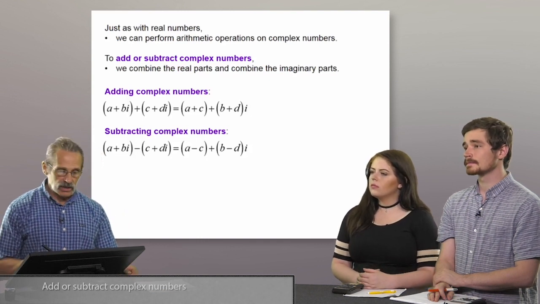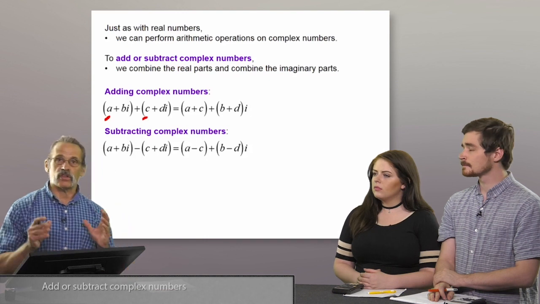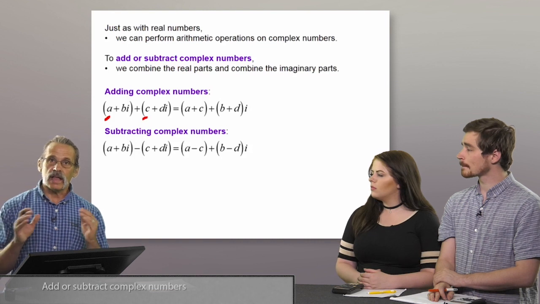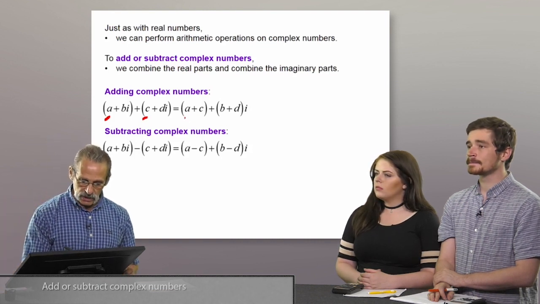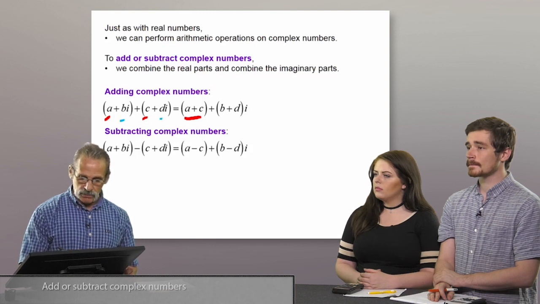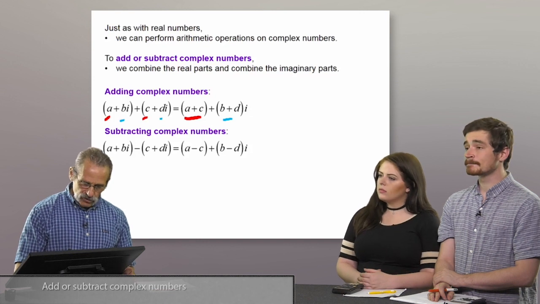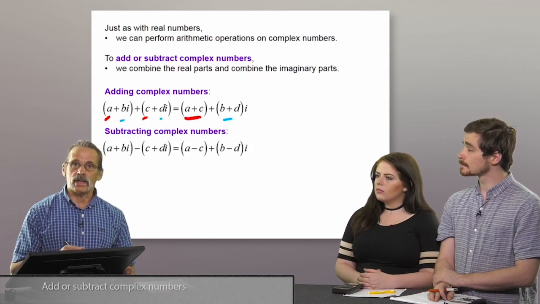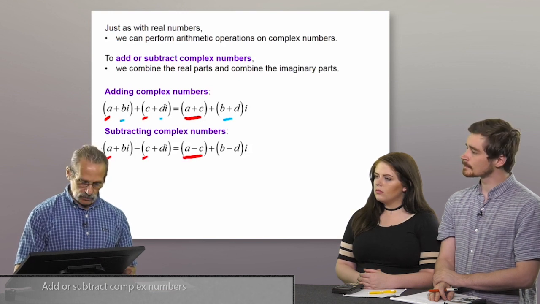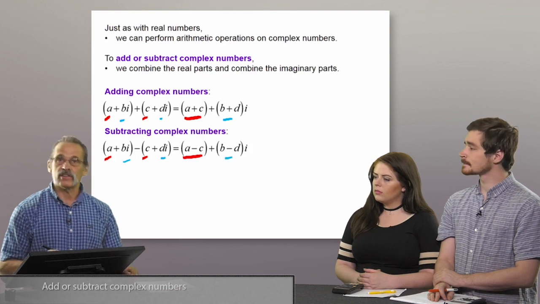So when you add complex numbers, I'm just going to take two complex numbers like a plus bi and c plus di, and I'll add the real components, a plus c, and then I'll turn around and add the imaginary components, bi plus di. I'd probably do this by factoring out the i. And similarly, when I go ahead and subtract complex numbers, I will subtract the real components and turn around and subtract the imaginary components.